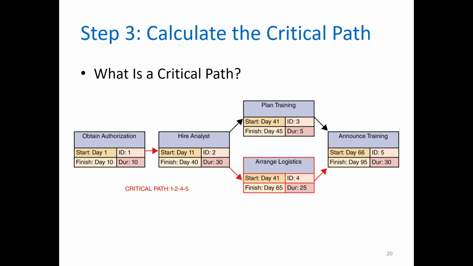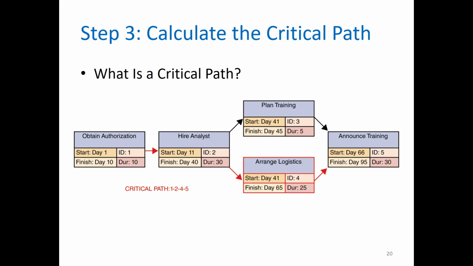Task 2 ends on day 40, so tasks 3 and 4 both can start on day 41. Task 3 has a duration of 5 days and will end on day 45. Task 4 has a duration of 25 days and will not end until the 65th day.